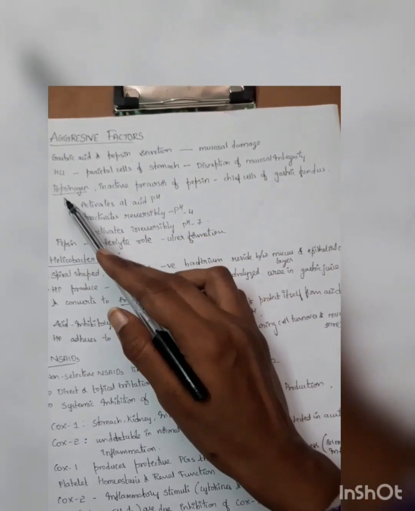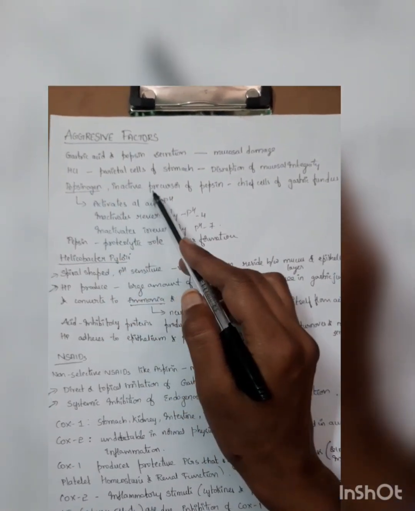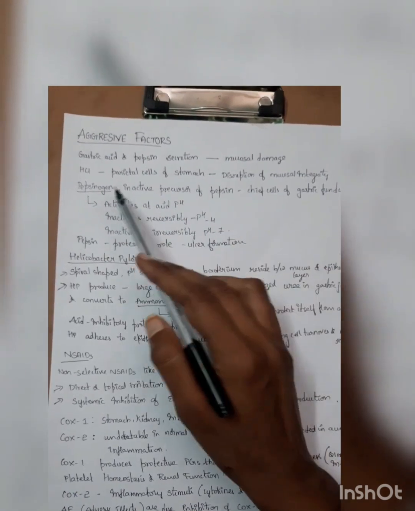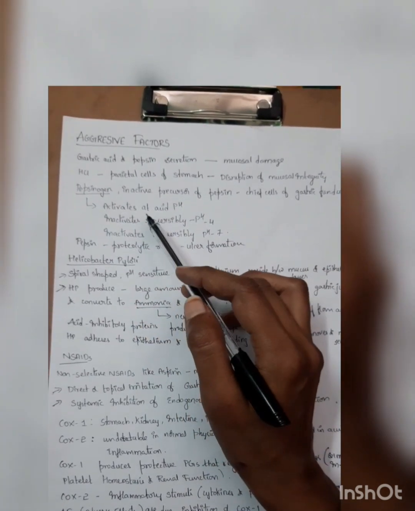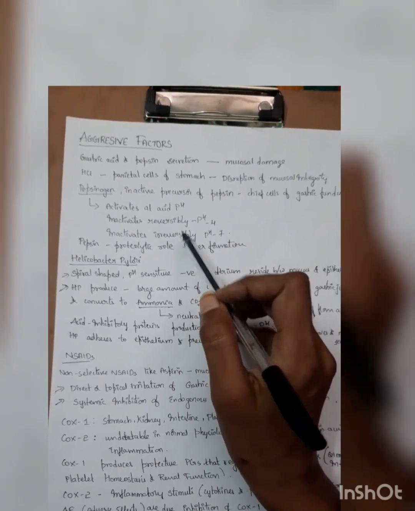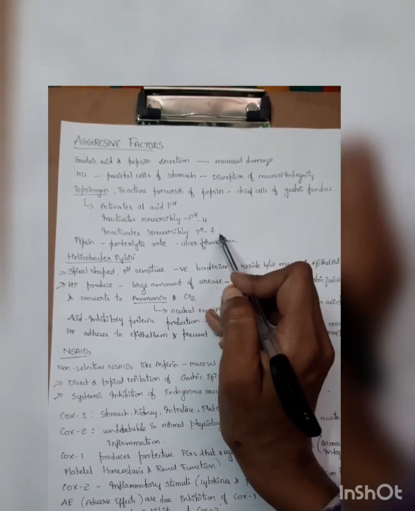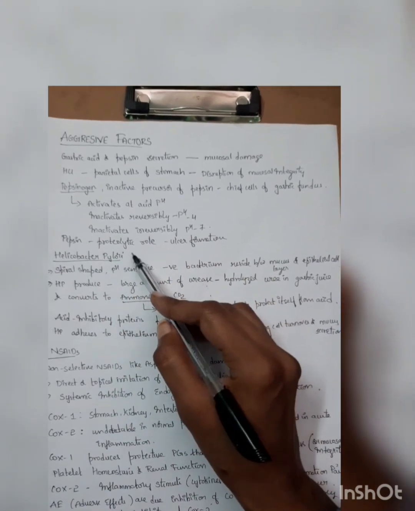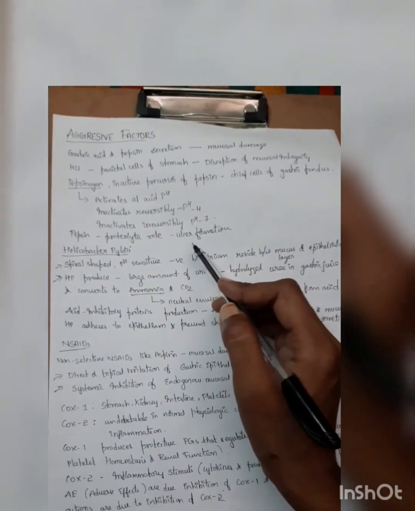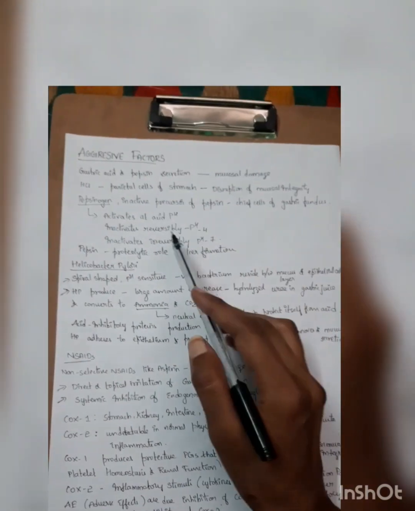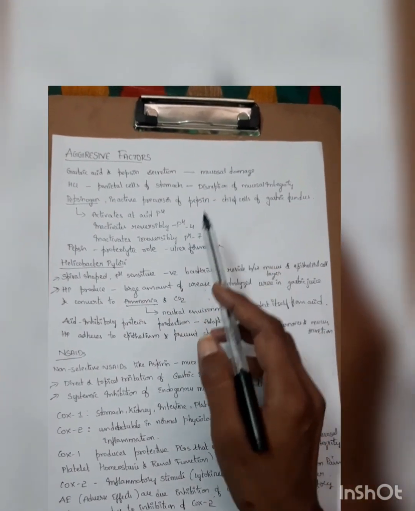Pepsinogen is an inactive precursor of pepsin. This pepsinogen gets activated at acidic pH, inactivates reversibly at pH 4 and inactivates irreversibly at pH 7. Pepsin plays a proteolytic role in ulcer formation. So gastric acid and pepsin are the main reasons for the mucosal damage.